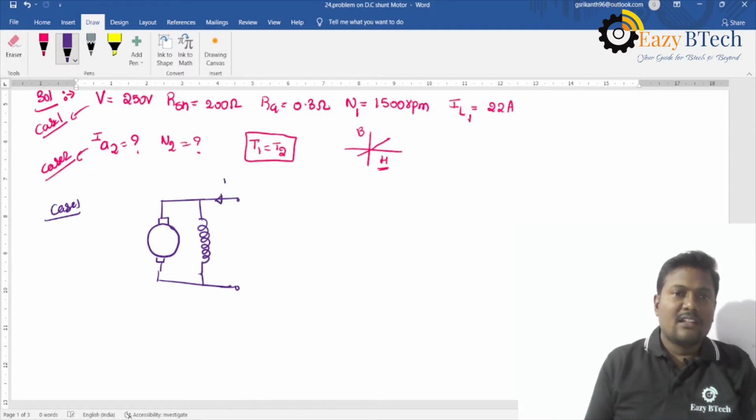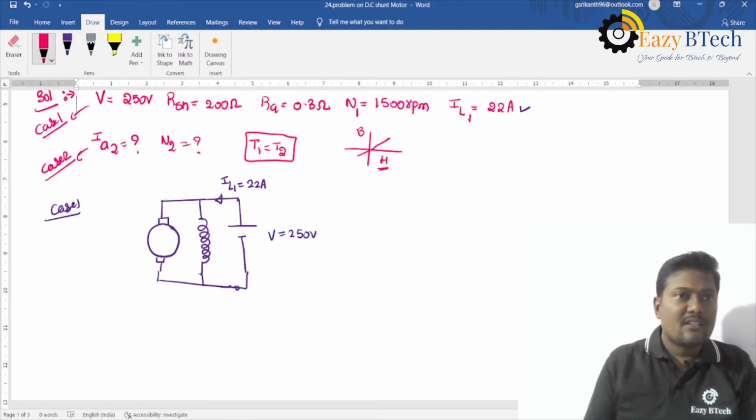The line current IL1 is given as 22 amperes, the supply voltage is 250 volts, the shunt field winding resistance RSH is equal to 200 ohms, and the armature resistance is 0.3 ohms.